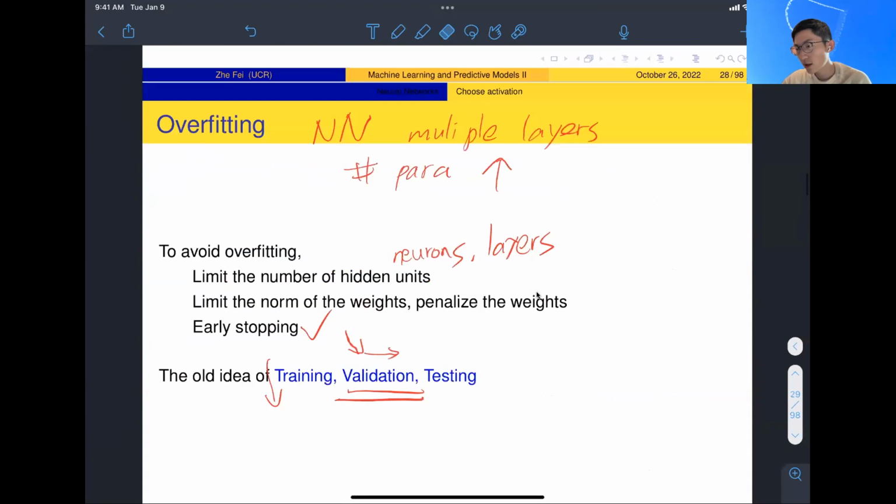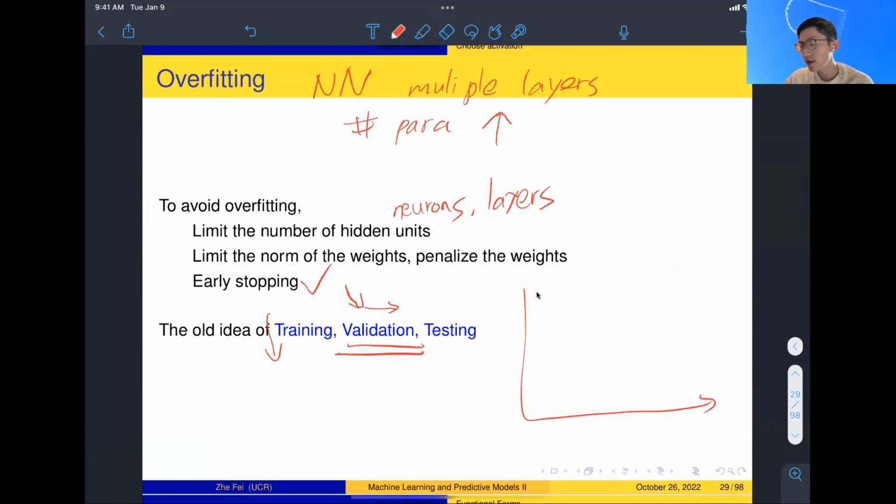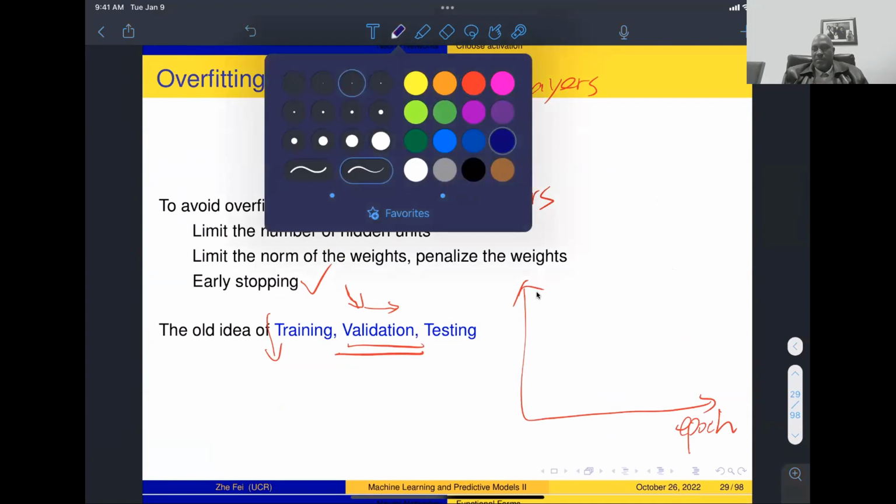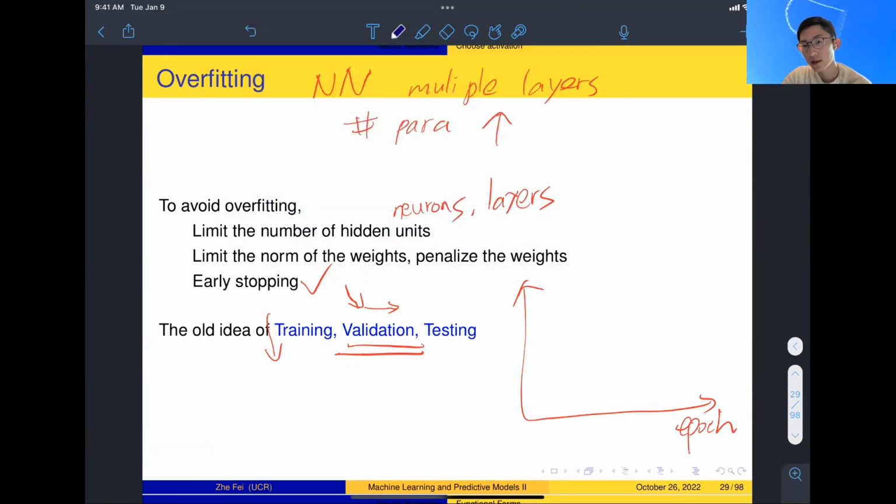We do not have a plot here, but let me give you an illustration. Let's say this is the number of epochs, the number of iterations that we train our neural network model. And we have a blue line indicating the loss on your training samples. So we know that as your number of epochs increases, the training loss is always decreasing.